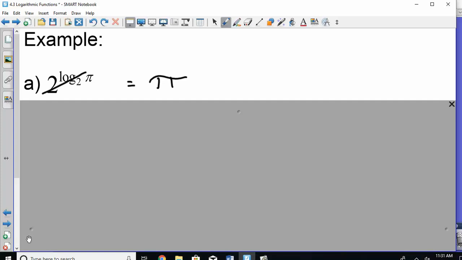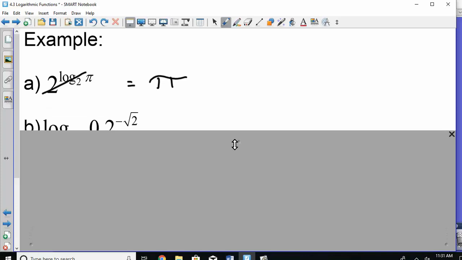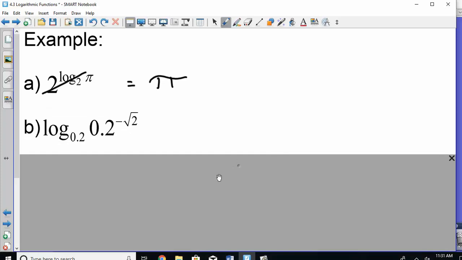If I said 0.2 to the log base 0.2 of negative radical 2, what's this going to equal?